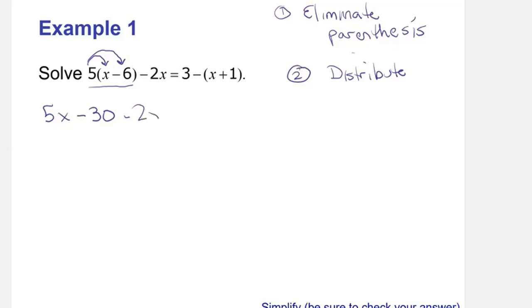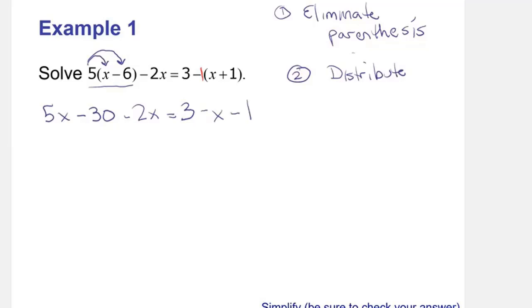Minus 2x equals 3. And then now we have this minus in front of the parentheses. You could really look at it as there's a minus 1 in front, and we're going to distribute that. A negative 1 times x would be negative x, and negative 1 times positive 1 is negative 1.